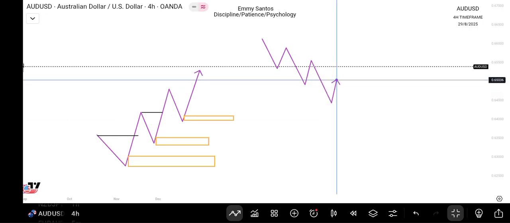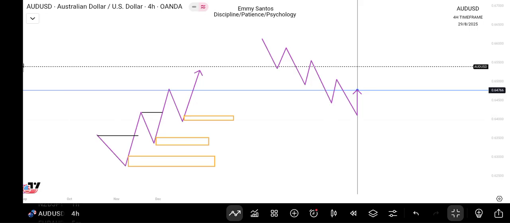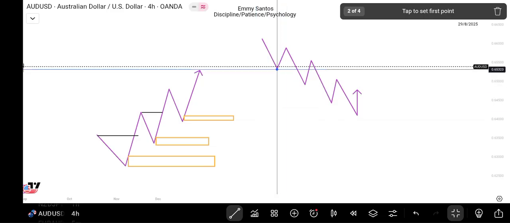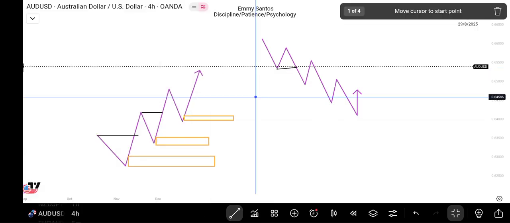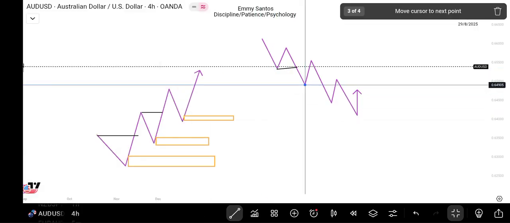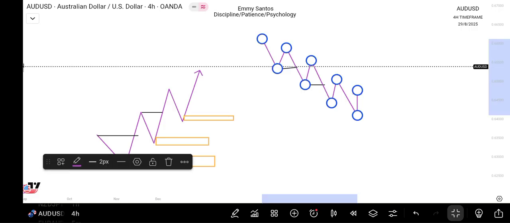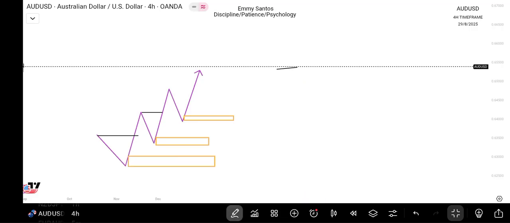Meaning that all these places where price broke structure, you'll be looking for more sells around this place. So these are the clean basic market structures.